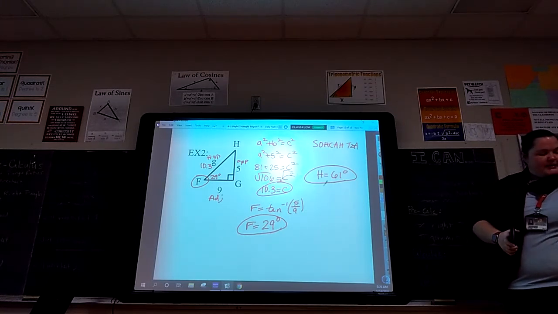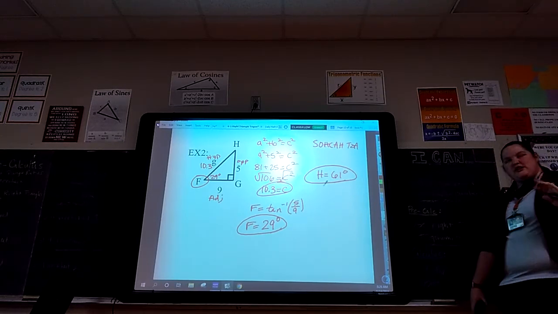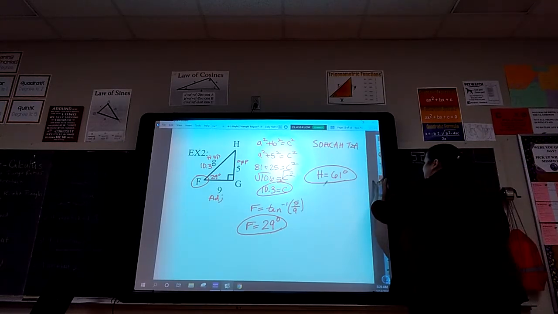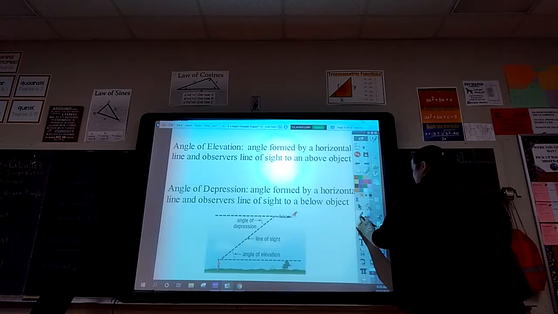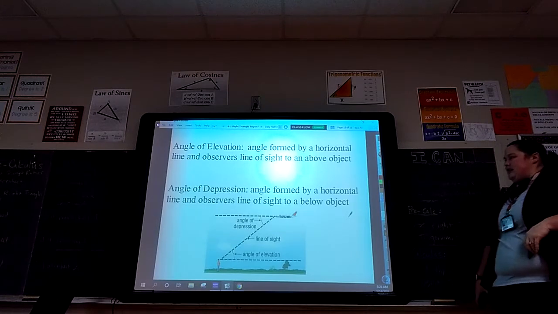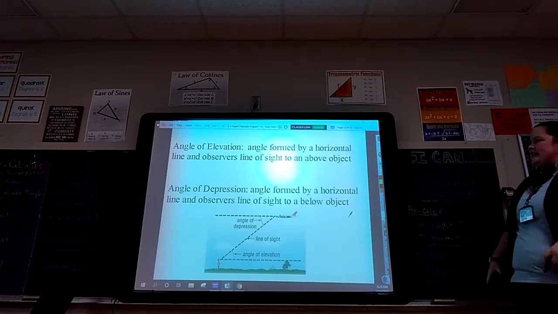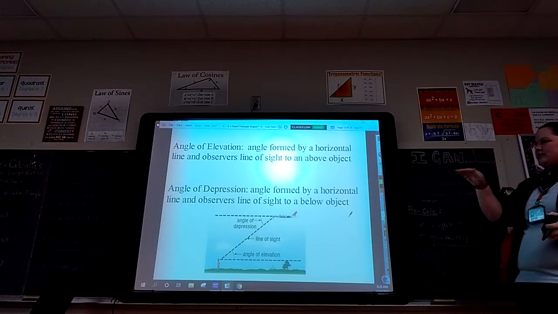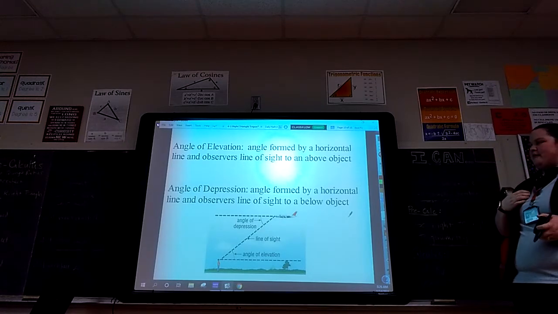So real quickly, we're going to talk about angle of elevation and depression. Essentially, we've actually already kind of worked with it. One of those problems, my cross-country problem, was kind of an angle of elevation and depression question. So basically, it's formed from a horizontal object, either up or down from that object.